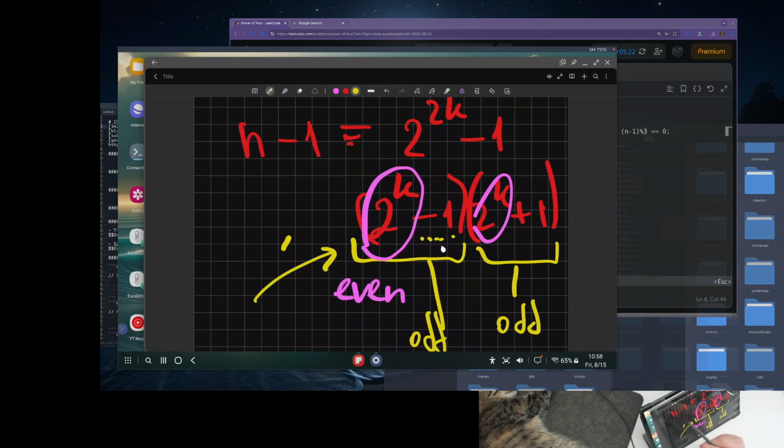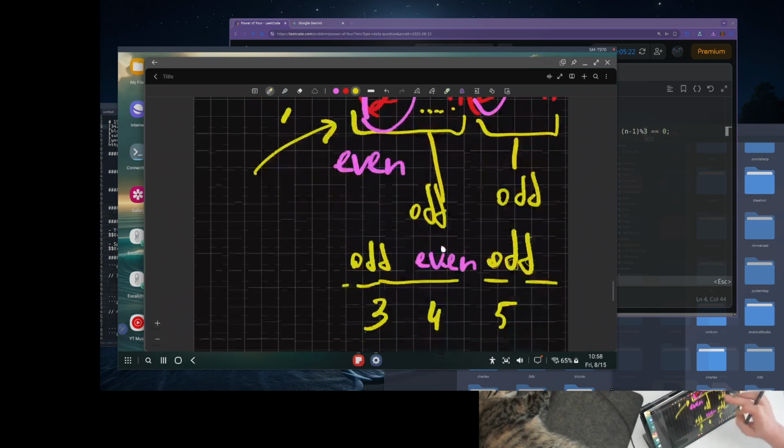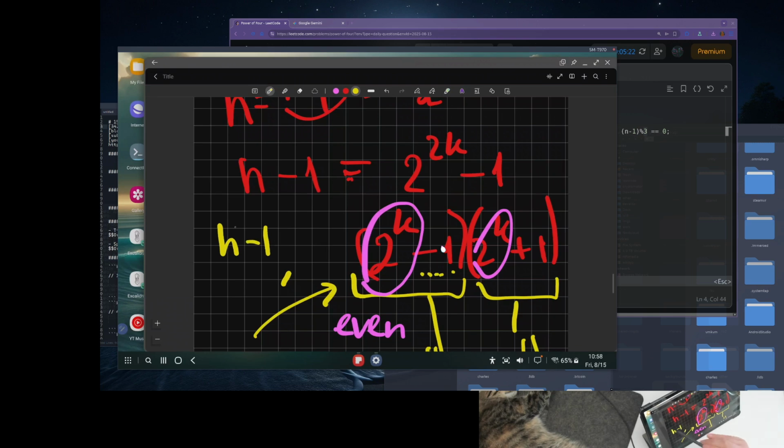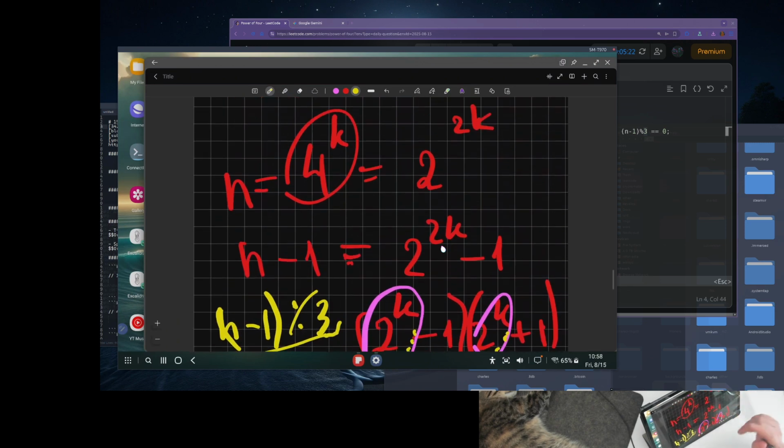So when we check that n minus 1 is divisible by 3, that means we are in the situation where we have a power of 4. That's the solution.